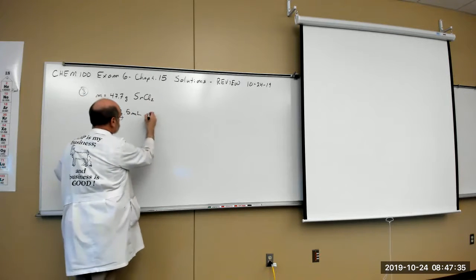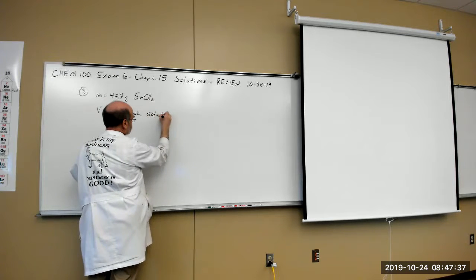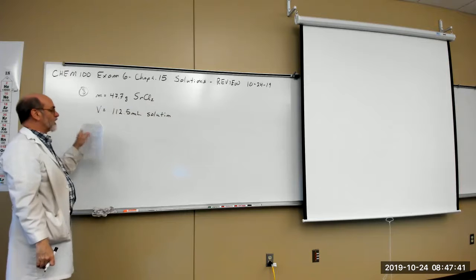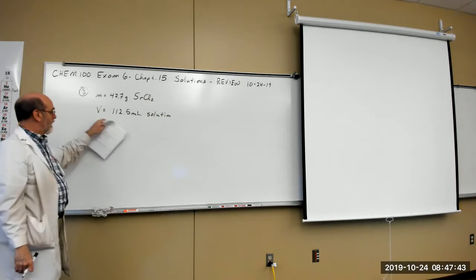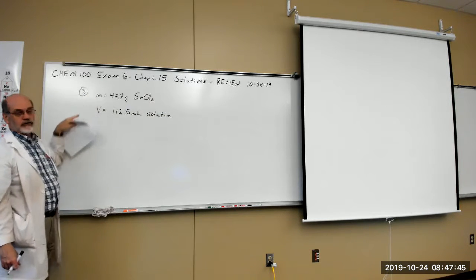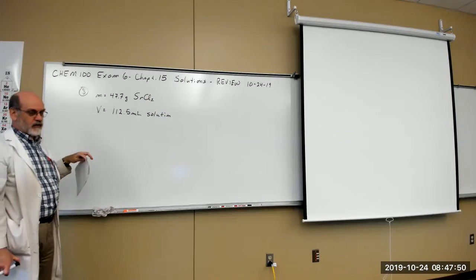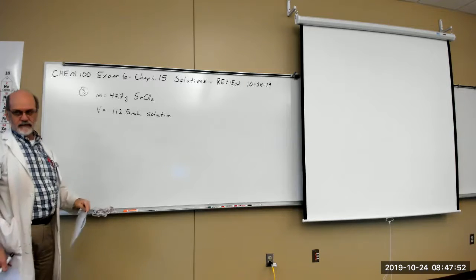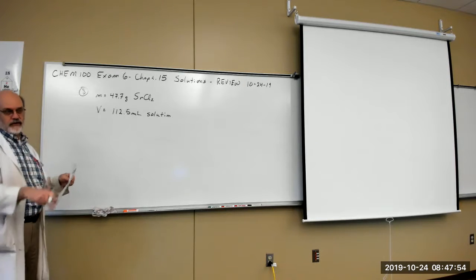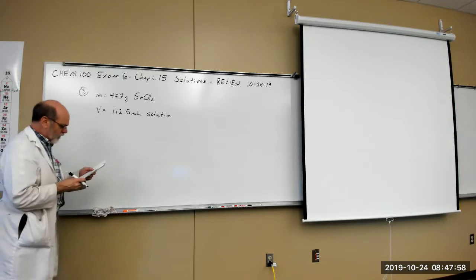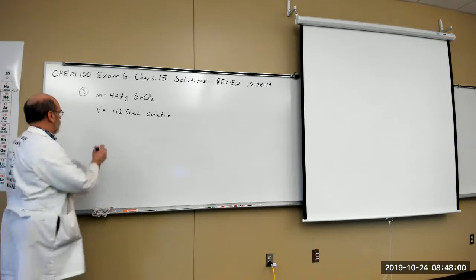This is the volume of the solution. I said it wrong. We're actually producing that much solution after this goes into solution. That's required for molarity. You measure the volume of the final solution, not the volume that you put into the solution.